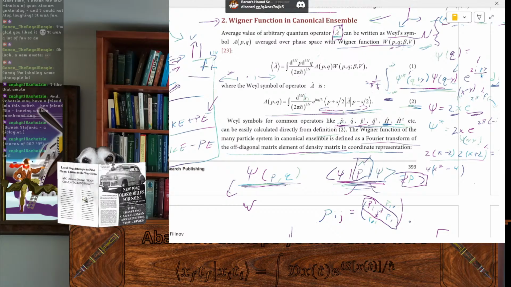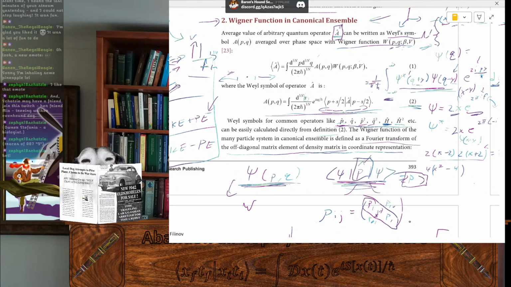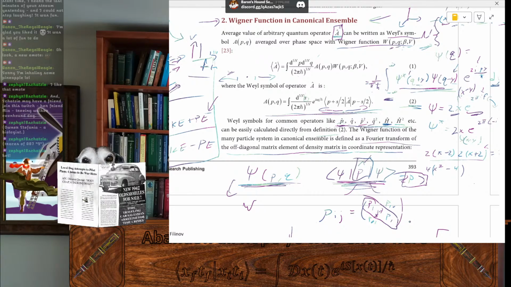So, I think what we're going to do, we gave this an honest shot, but I think this is the wrong approach. So, I'm going to find another paper covering this subject that's a little bit more tuned to what we're looking at.